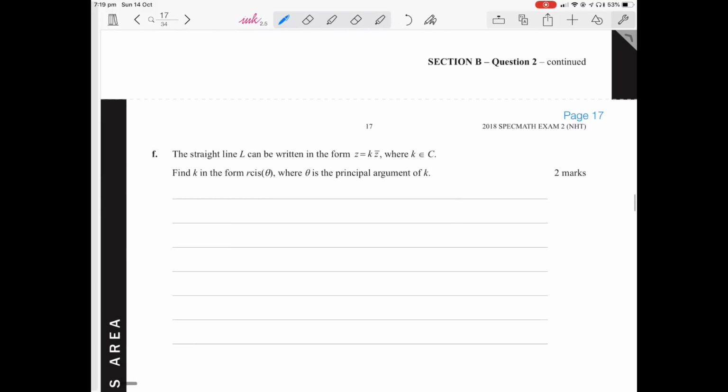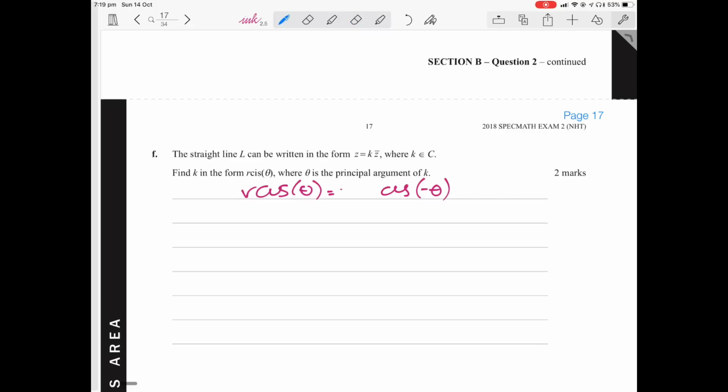It continues. A straight line L can be written in the form z equals K conjugate z. Find K in the form r cis theta, where theta is the principal argument of K. Okay, so x plus yi equals K, x minus yi. But we want it in cis form, so it's going to be easier to do that, I reckon. R cis theta is equal to K r cis negative theta.